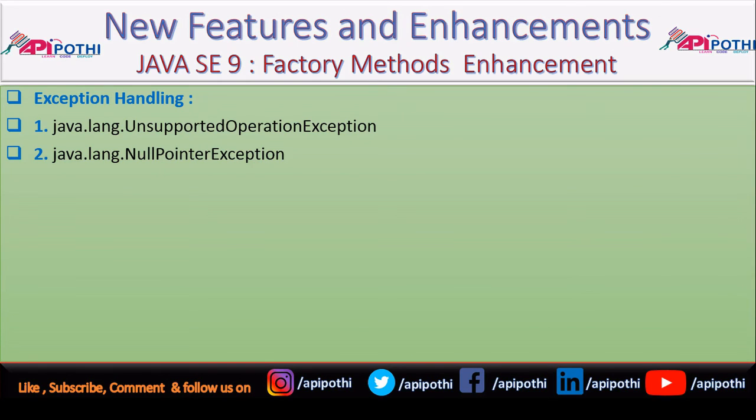Basically the motto of this enhancement is only to make the code easier in order to achieve immutability of either list, set or map. For that they have provided various factory methods, which also support the generic concept. Yeah, thanks for watching this video.